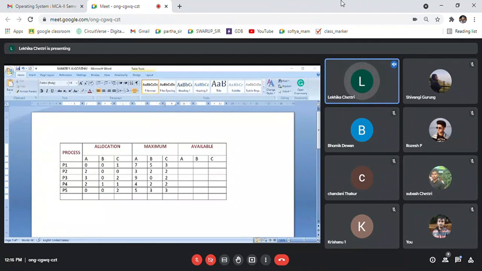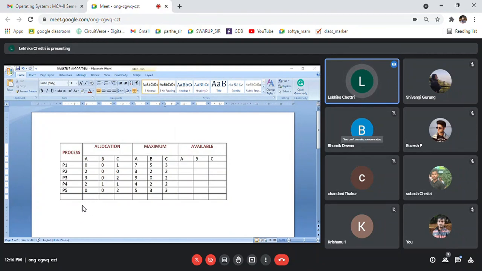The first condition is that the resource is not shareable, meaning only one process at a time can have this resource, and that is called mutual exclusion. Second, hold and wait. That means each process is holding some resources and waiting for some other resources.